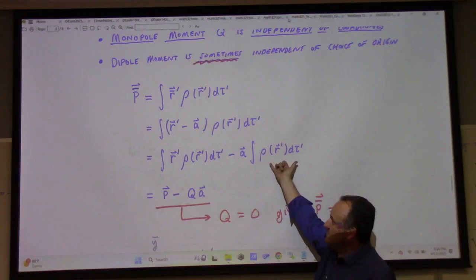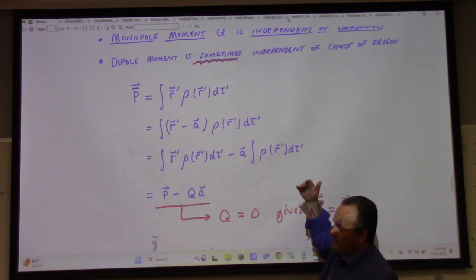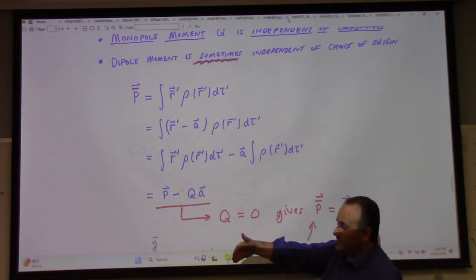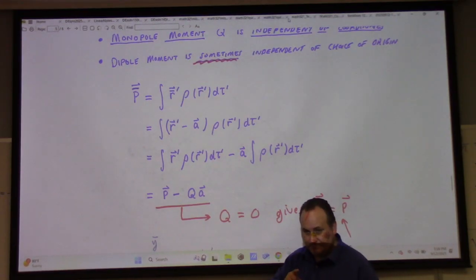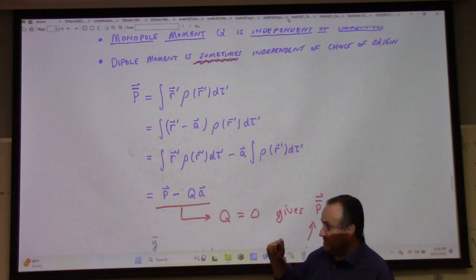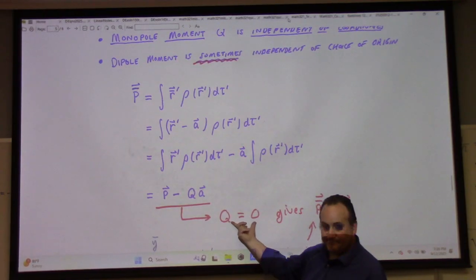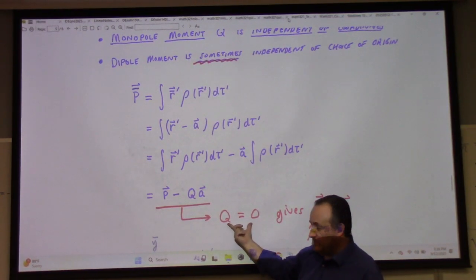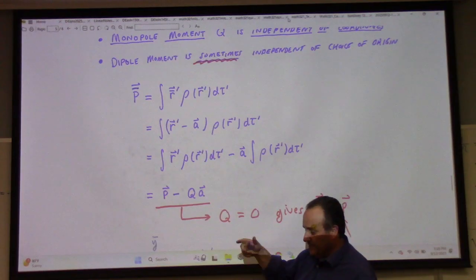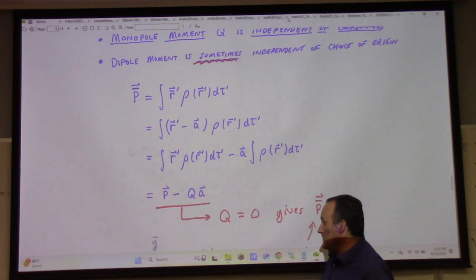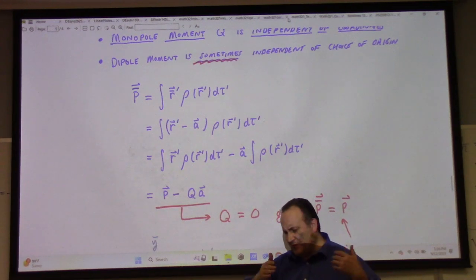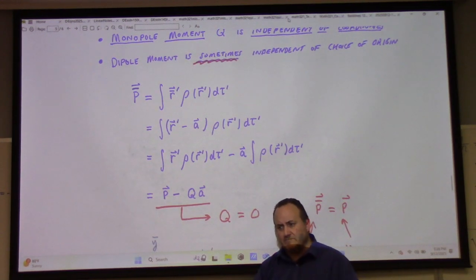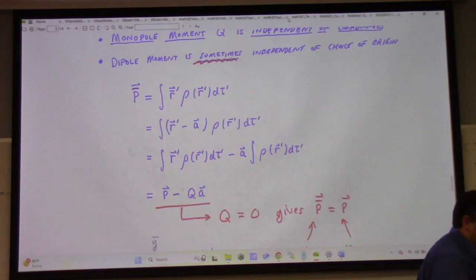So to calculate the dipole moment in a shifted coordinate system, moving the origin changes the dipole moment, unless the net charge of the distribution is 0. If the net total charge of the distribution is 0, then the dipole moment is invariant up to a shift of the origin. All right, which is kind of neat.